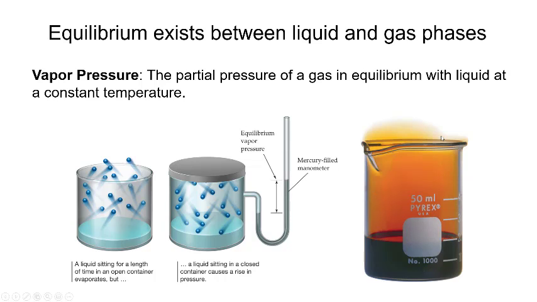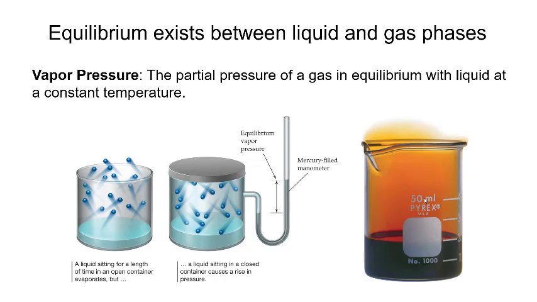So if we take a look at a solution of bromine here, we can see that bromine naturally is in a liquid state. It's a brown liquid, but we can observe this sort of brown gas that hovers above the liquid. And so this is due to an equilibrium between our liquid and gas phases. So if we think about whenever it rains outside, we can see that after a rainstorm, there are all of these puddles that form.